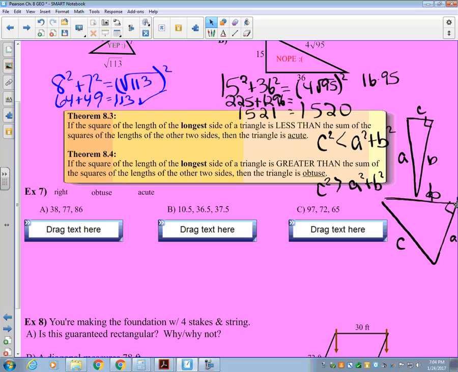So with a real quick check, you can tell whether you have an acute, obtuse, or a right triangle.